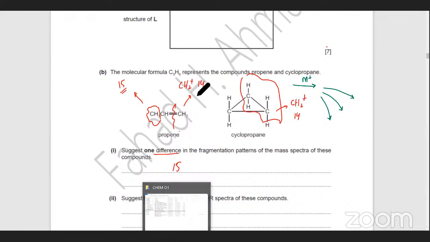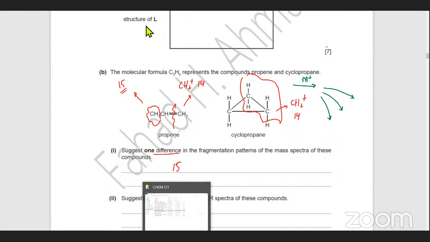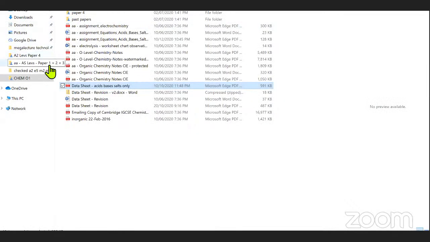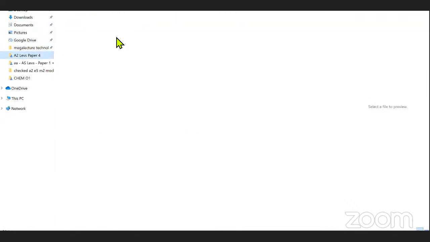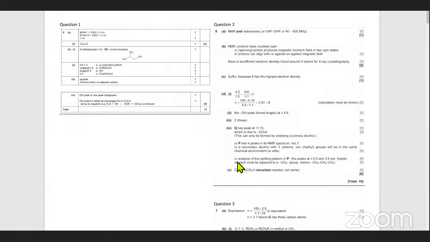Yes. I'd say there may be another difference. Although this would answer your question, let me check the marking scheme. There's probably another difference. One second. Or maybe there was just this one difference.